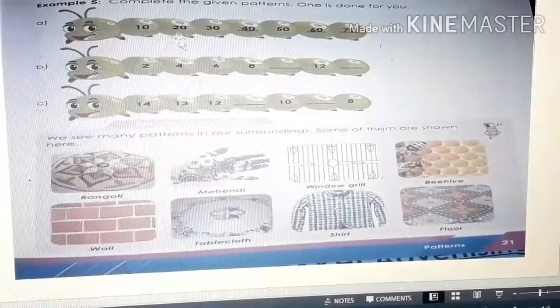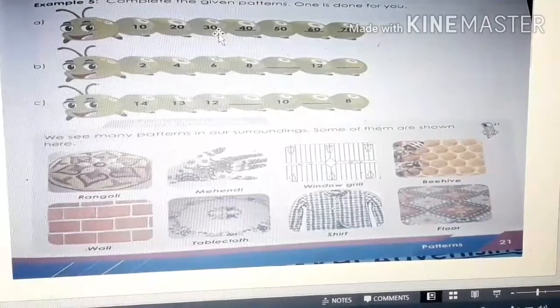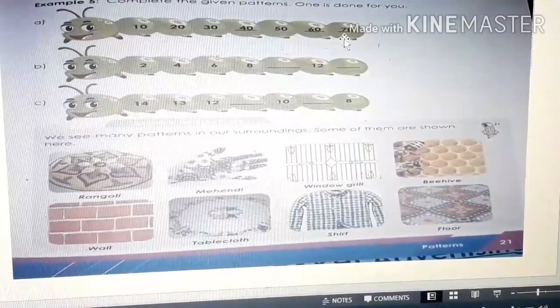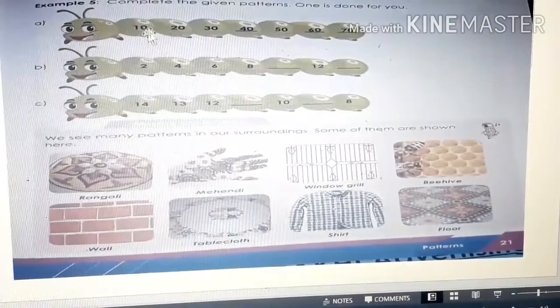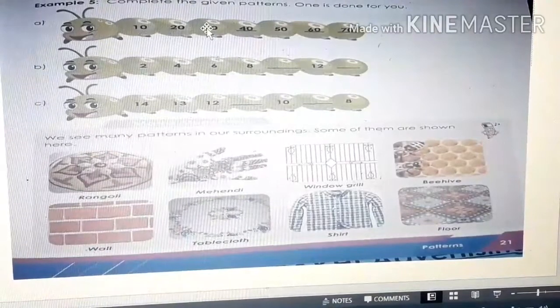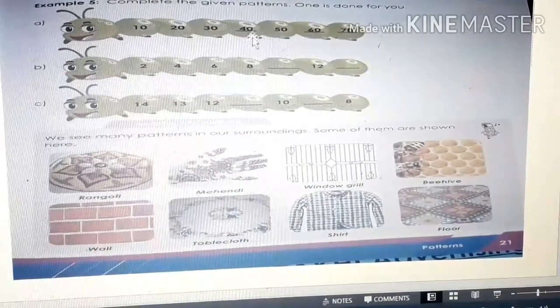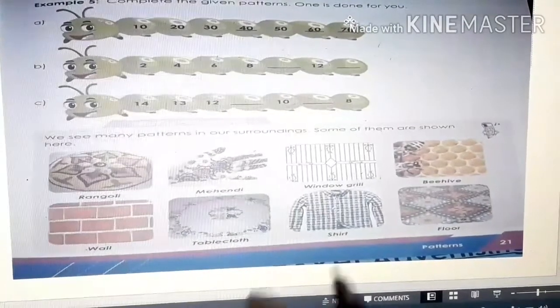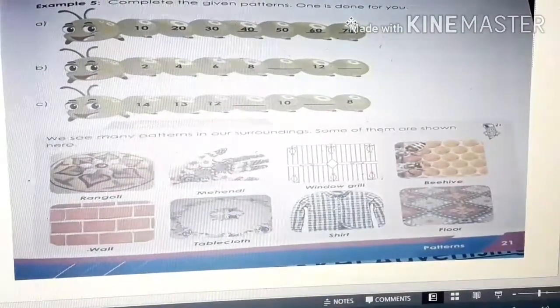First 10, 20, 30, and here is a blank. Then 50, again 2 blanks. You can see that these are multiples of 10, right? 10, 20, 30. After 30 what comes? 40. 50, 60 and 70. This is how the pattern in numbers is completed, right?